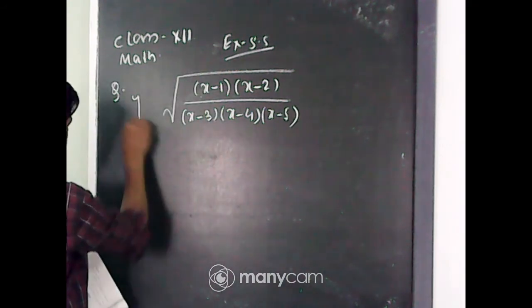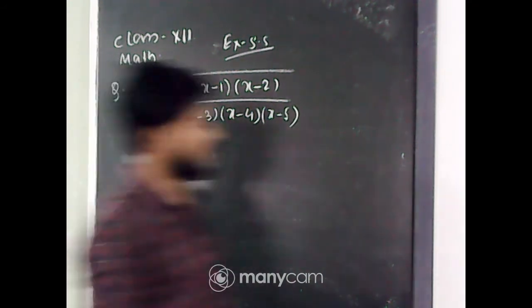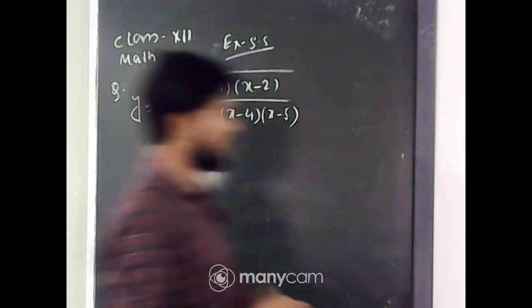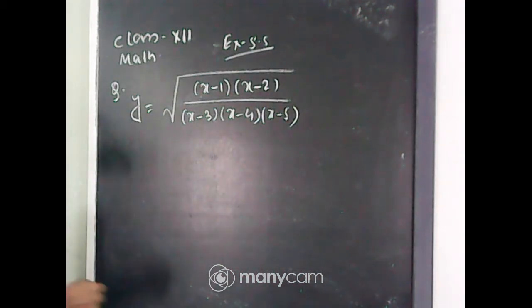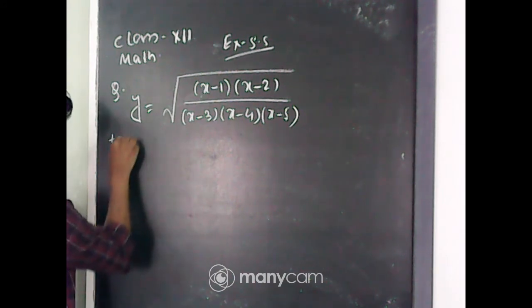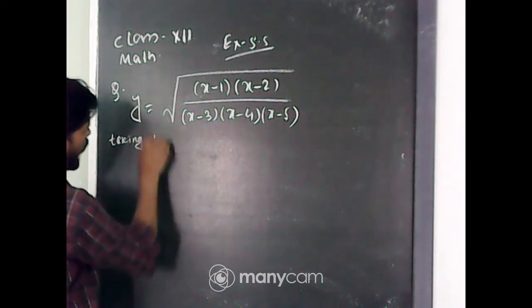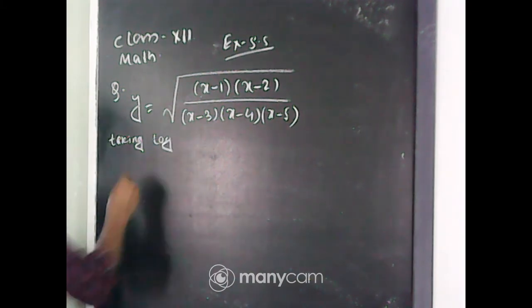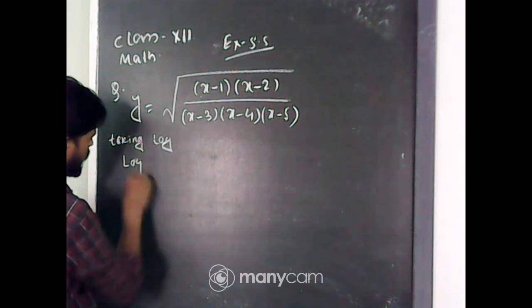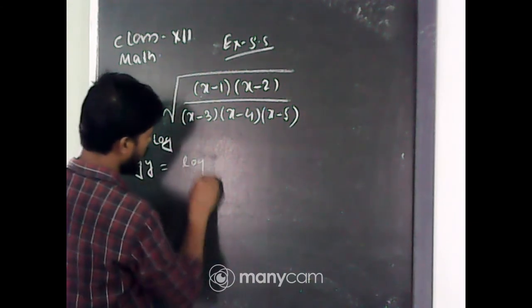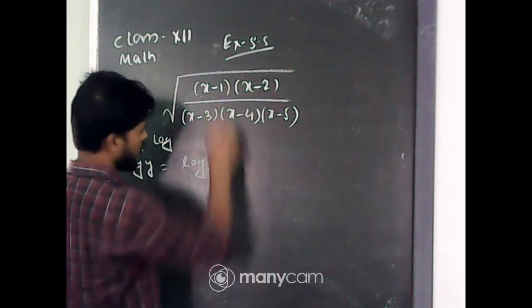Okay, so let this be y. We have to find the value of dy/dx, the derivative of y. So do one thing: first take log on both sides. We have log y is equal to log of this total term.